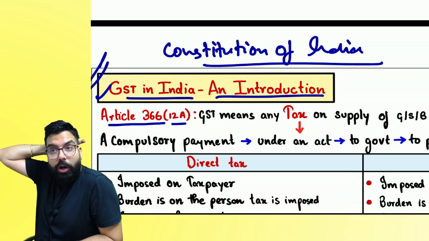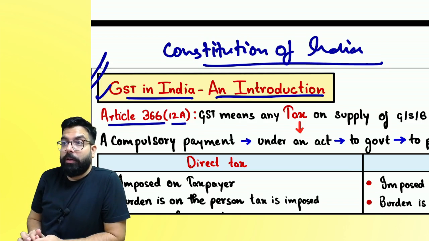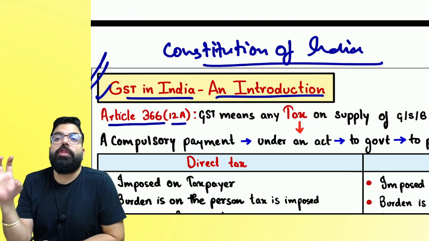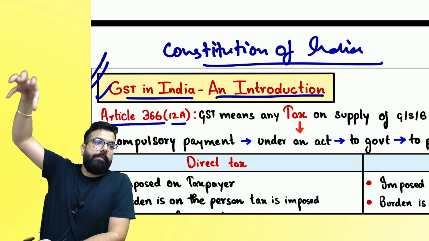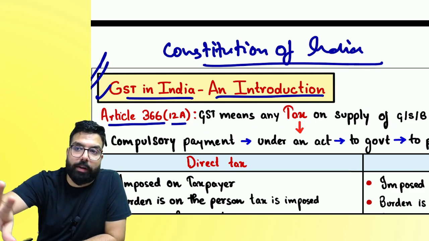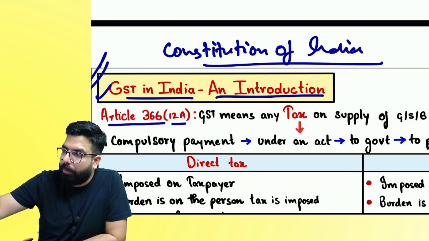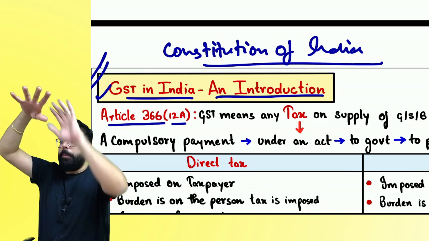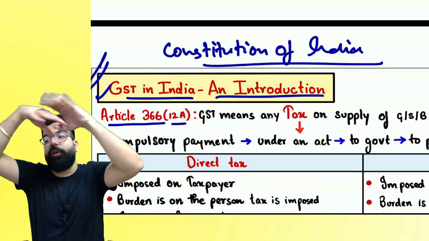Have you heard about it? How many of you have heard about it before? Okay, people who have heard, very good. The Constitution of India is the Mother Act. It gives you the power to make the other laws. In India, whatever law is to be made, the power will be given by whom? The Mother Act, which is the Constitution of India.